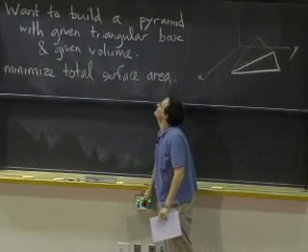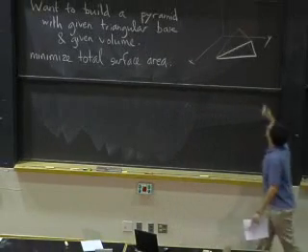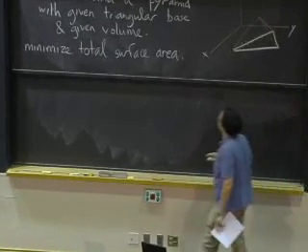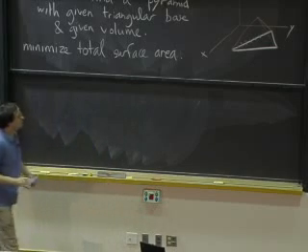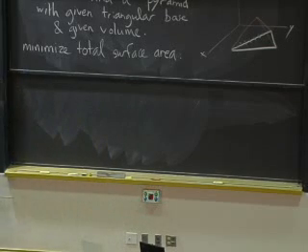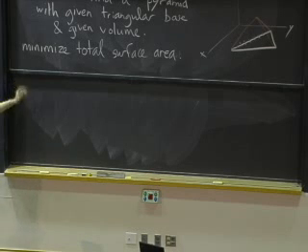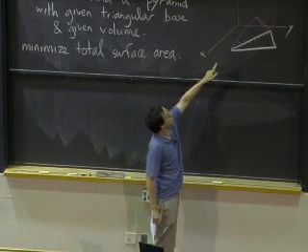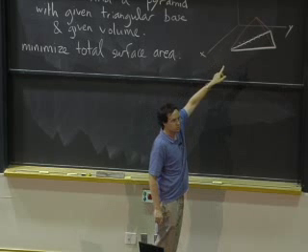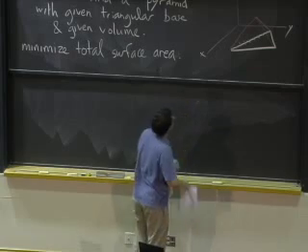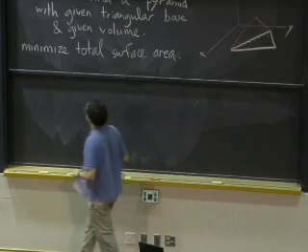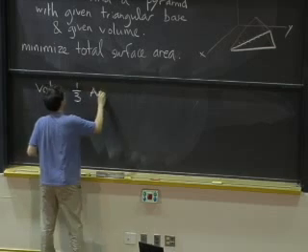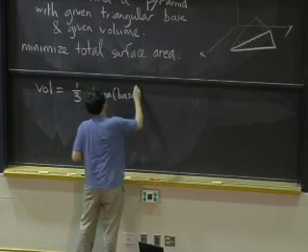Anyway, it's a fine geometry problem. Let's try to think about how we can do this. The natural way to think about it: what do we have to look for first? We have to look for the position of that top point. Remember, the volume of a pyramid is 1/3 of the area of the base times height.